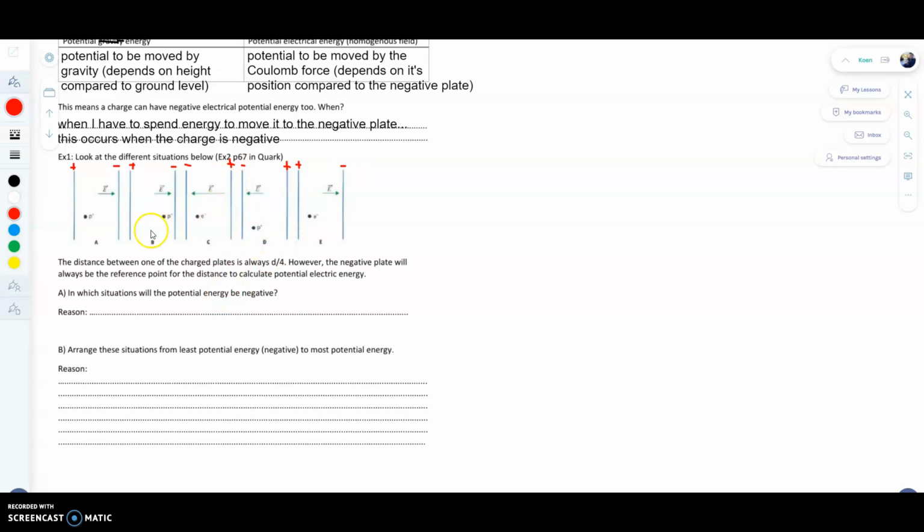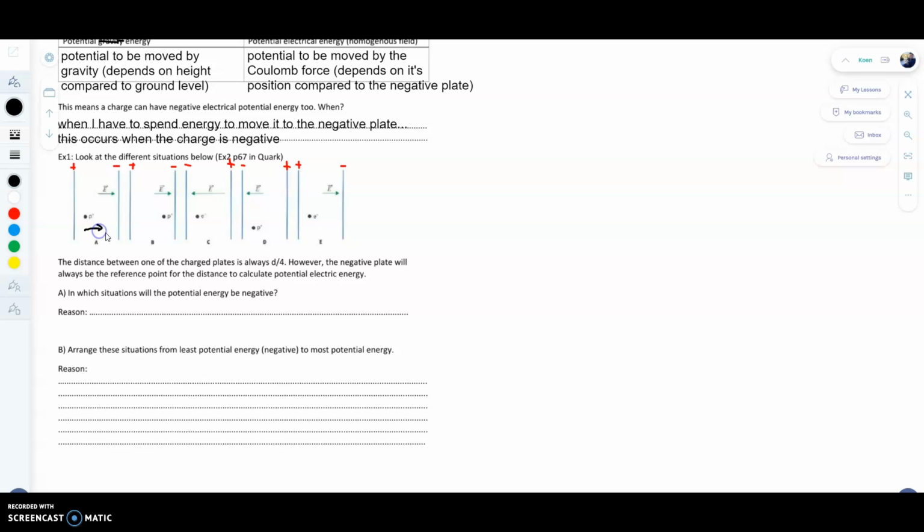Now, in this case, if these charges are positive, I can rely on my Coulomb force to bring those protons towards the negative plate. Why? In these situations, this is a positively charged object.